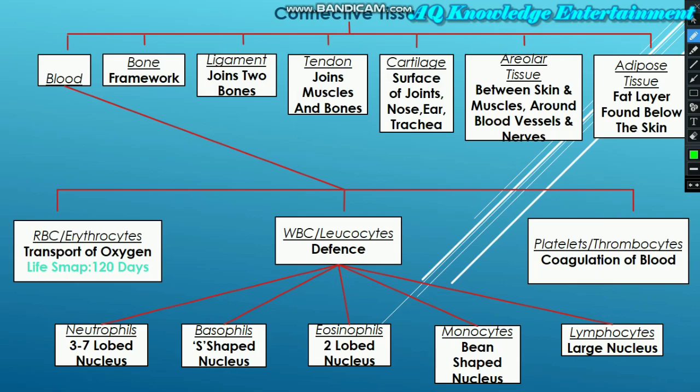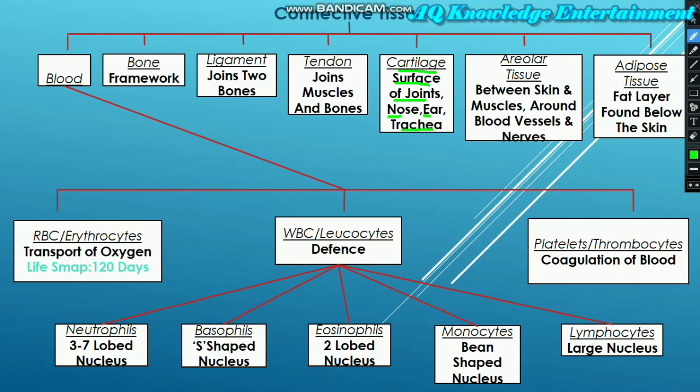Now that matrix is composed of what? Of course, proteins and sugars. Now cartilage smoothens bone surfaces at joints. So you can see here, cartilage is located near the surface of the joints, nose, ear and trachea.